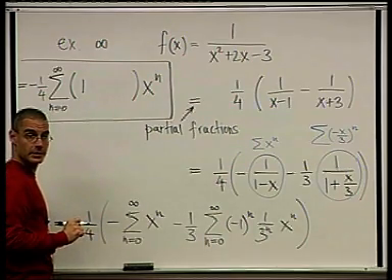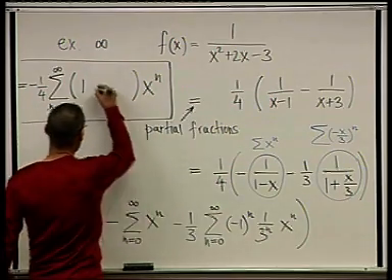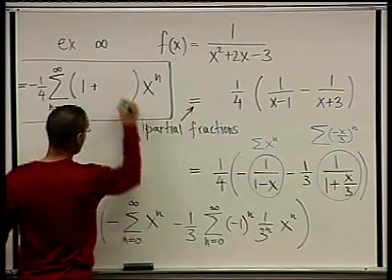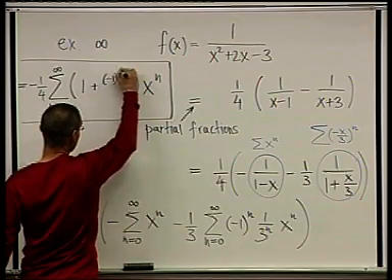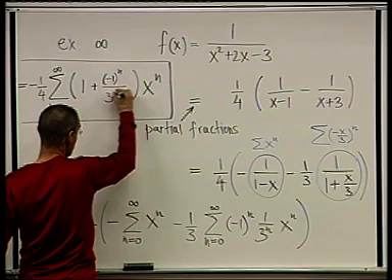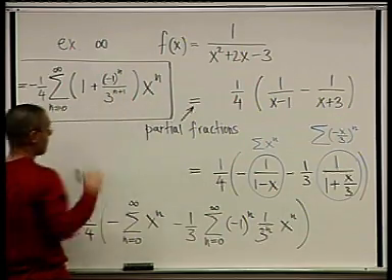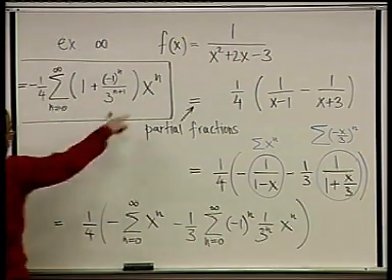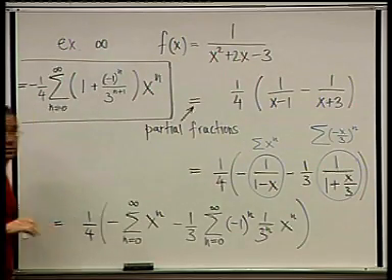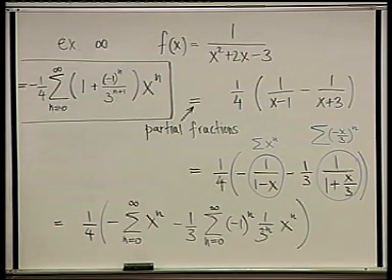Do you see that? So I'll have a plus negative 1 to the n over 3 to the n plus 1. And this is the power series for this function. Can you explain that?